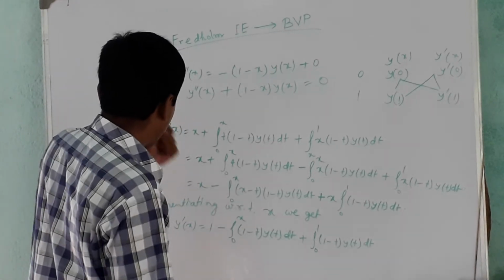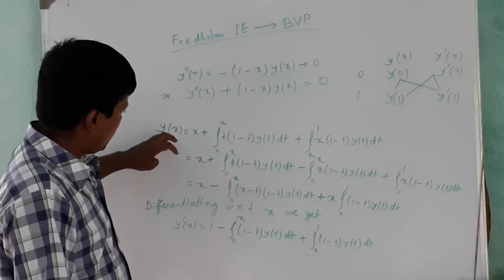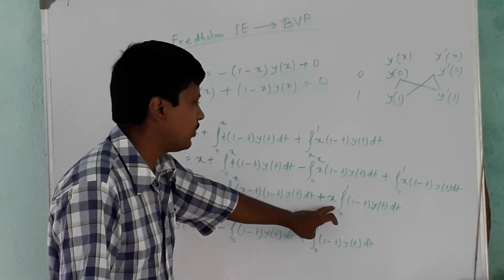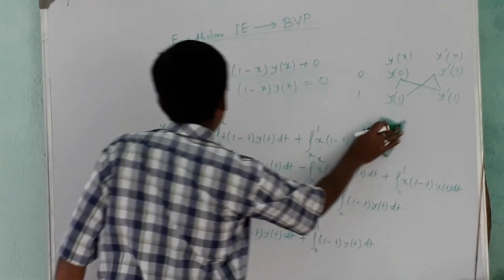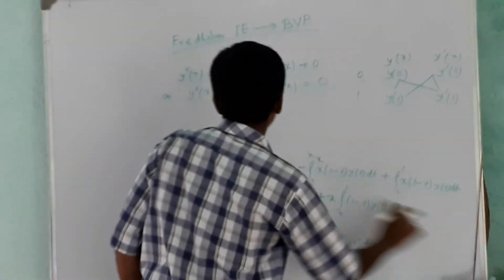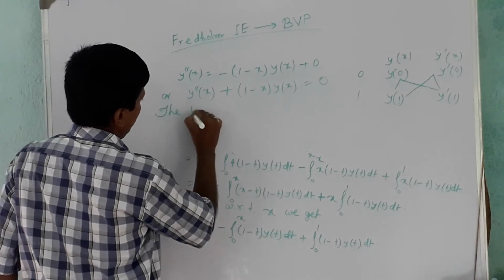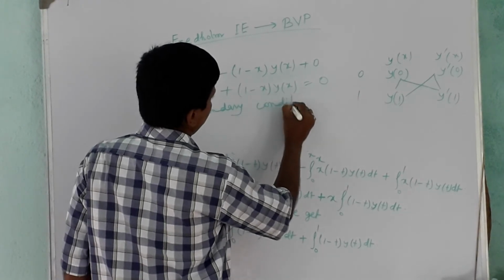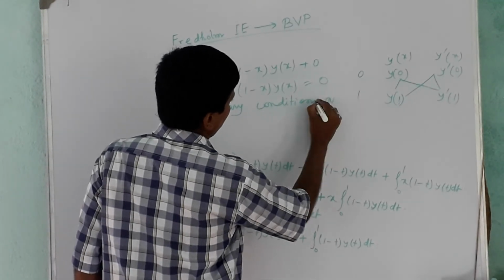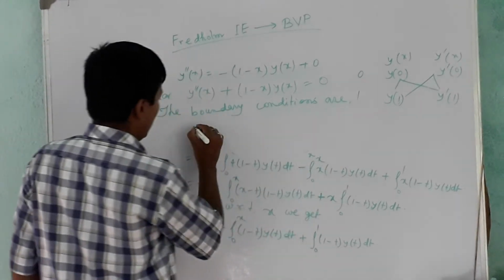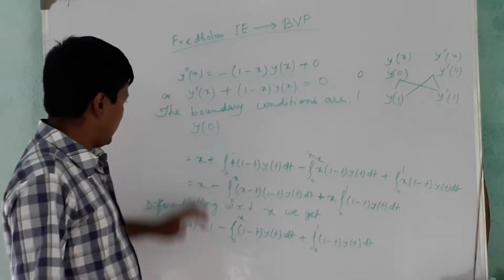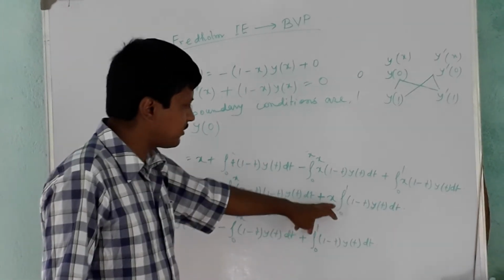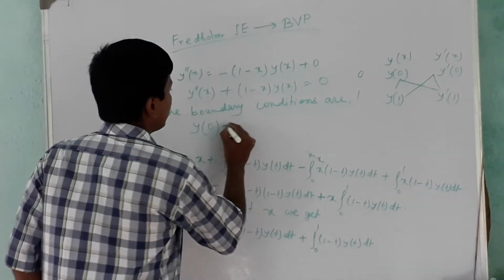Now we observe y(0). If we are interested to find y(0), then the integral from 0 to 0 is 0, and the remaining term is 0 times some constant, so y(0) is equal to 0.